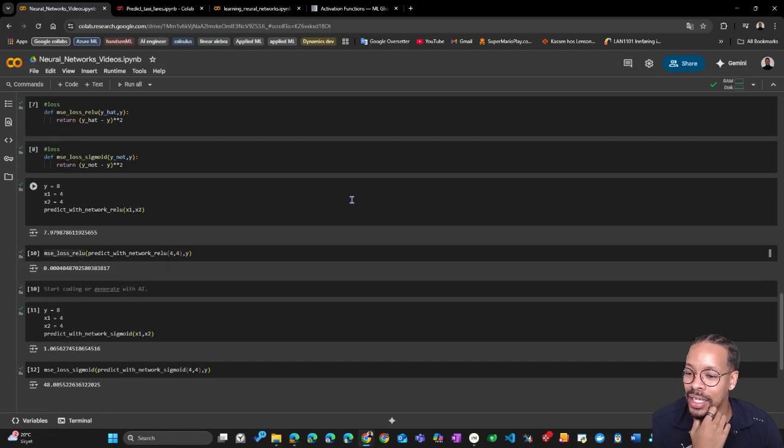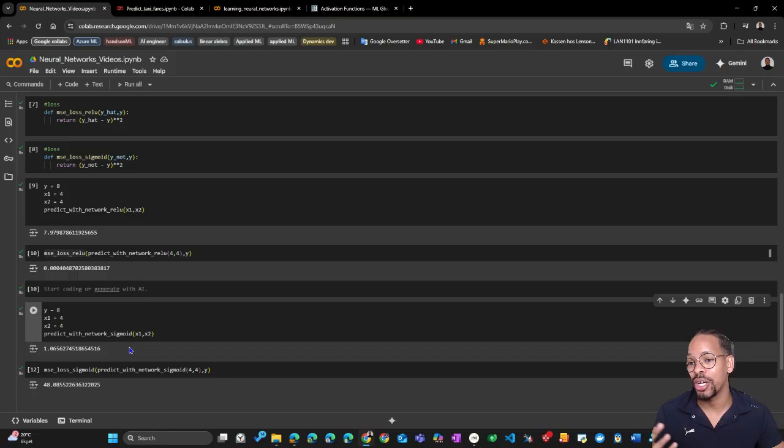Everything ran, and as we can see here, the sigmoid had a huge loss, and the MSE loss value was quite small for ReLU, as expected. And when we predicted with sigmoid, we got 1.0, and this is because sigmoid actually isn't supposed to be used in this case. This is something I wanted to show you too. You need to understand when to use these different activation functions.